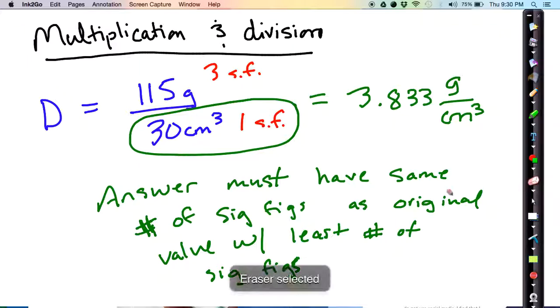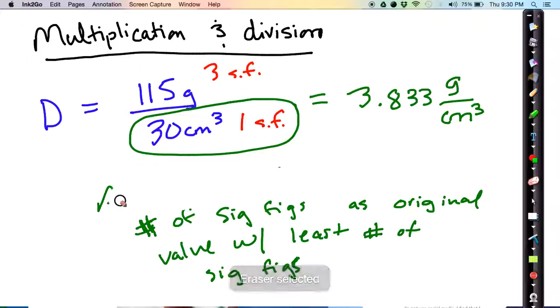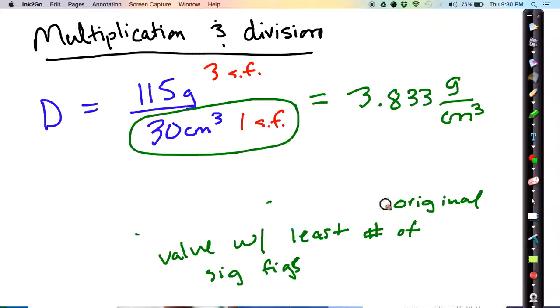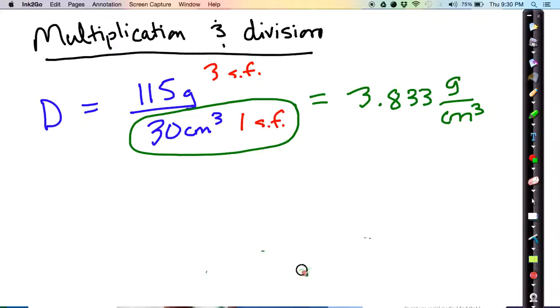So let's give ourselves a little bit of space. Once again, to do the rounding, we're only going to have one significant digit, significant figure in our final answer, and it's going to be this first digit. So we look at the digit immediately following that last significant figure, the only significant figure in this particular case, and it's an 8.